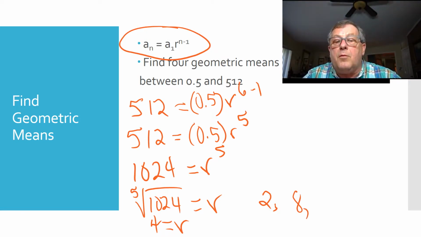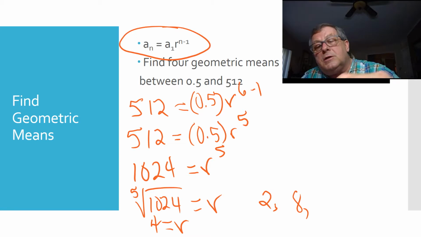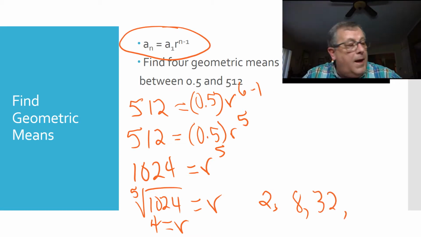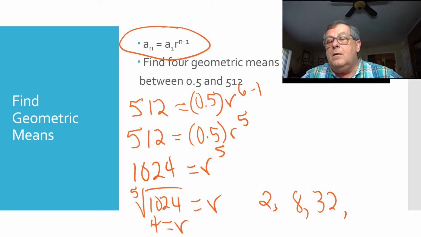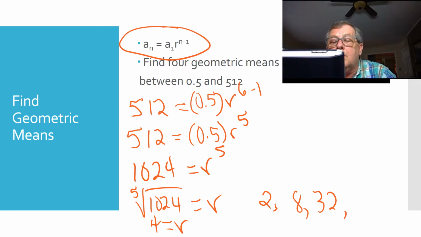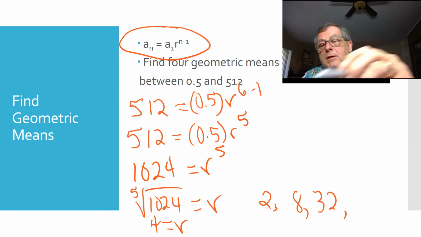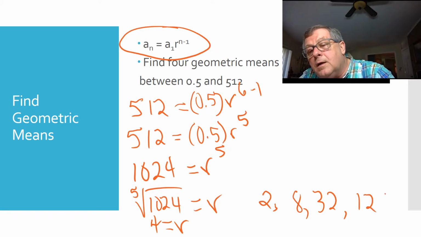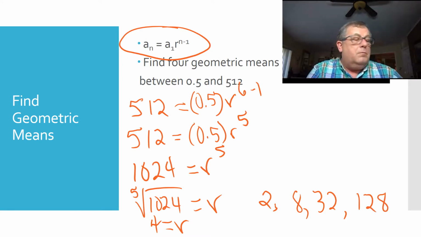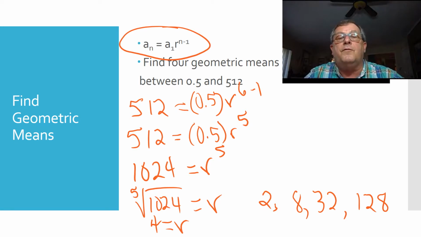And my fourth number in the sequence, and remember I've got to find 4 between 0.5 and 512, is 8 times 4, which is 32. And the fourth number between the two is 32 times 4, which is 128. Boom! I have found the 4 geometric means between 0.5 and 512.